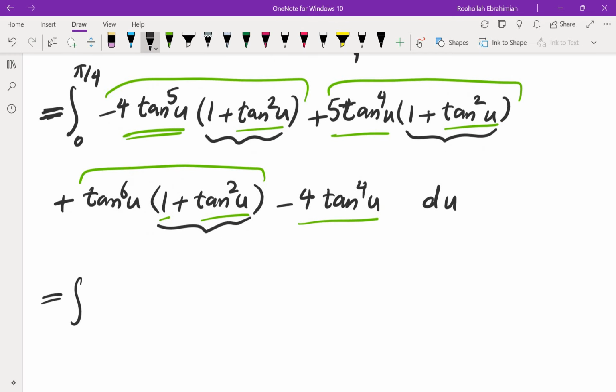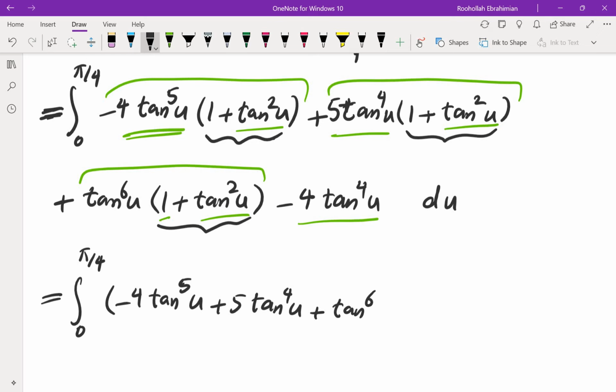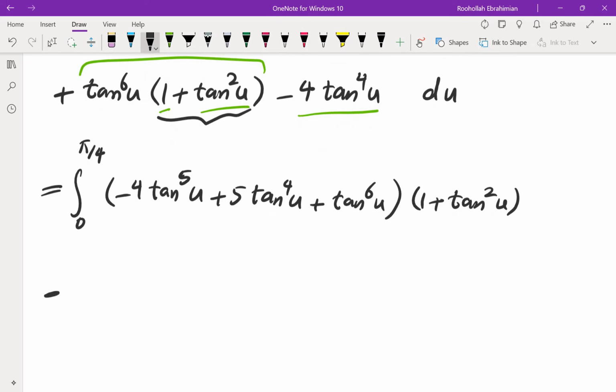Now, this is the integral from 0 to pi over 4 of negative 4 tan to the power of 5 plus 5 tan to the power of 4 plus tan to the power of 6, times 1 plus tan squared, which again is the derivative of tangent, minus 4.